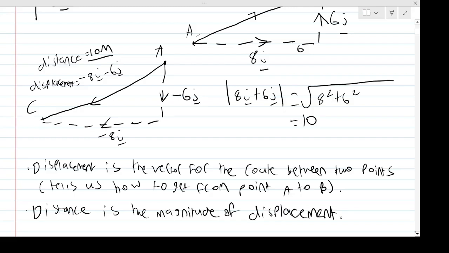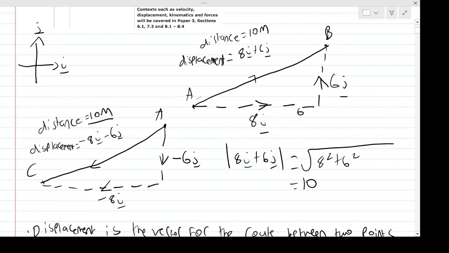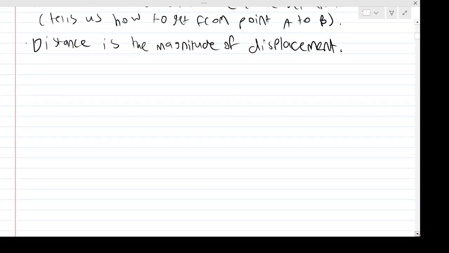Okay, and that distance tells you what you expect. It just tells you the physical distance or the length from one point to another. Okay, but displacement tells me the vector for the direction or how to get from point A to point B. Okay, right. So that's distance and displacement.